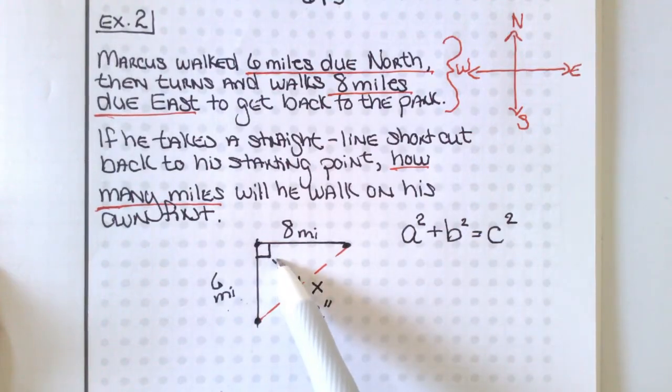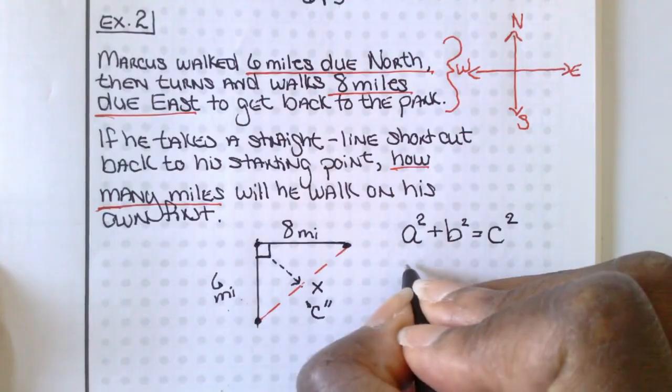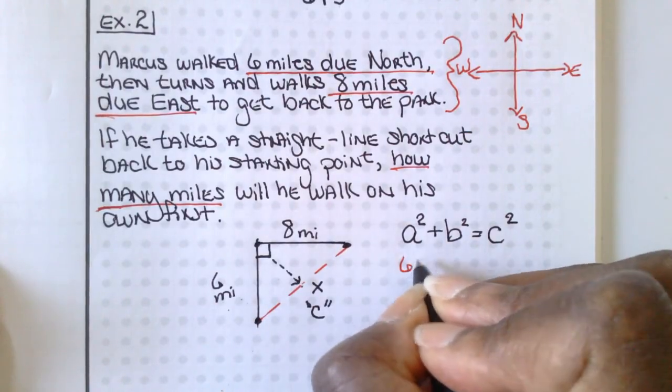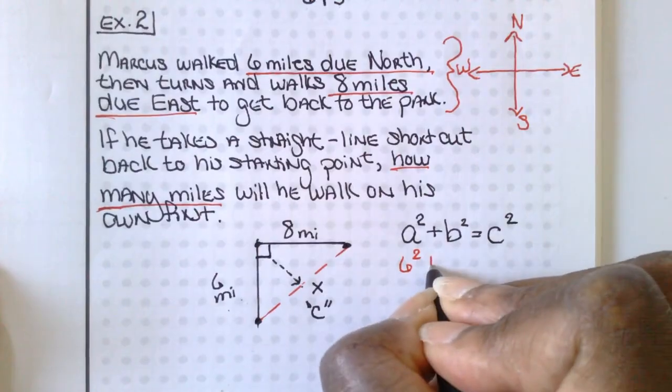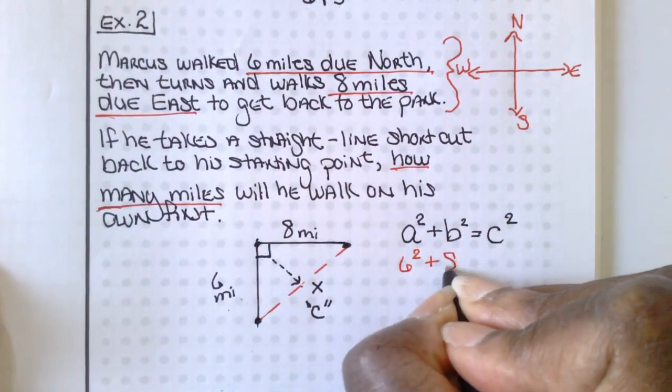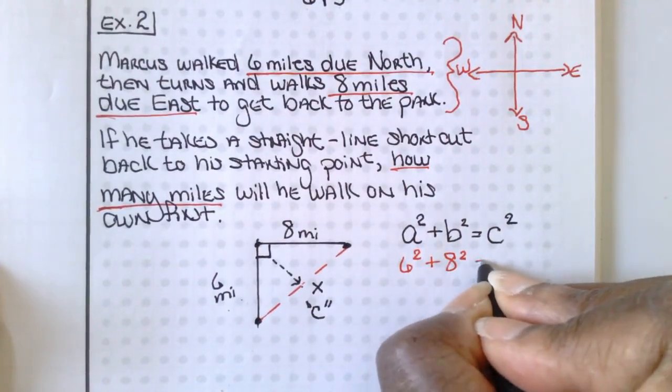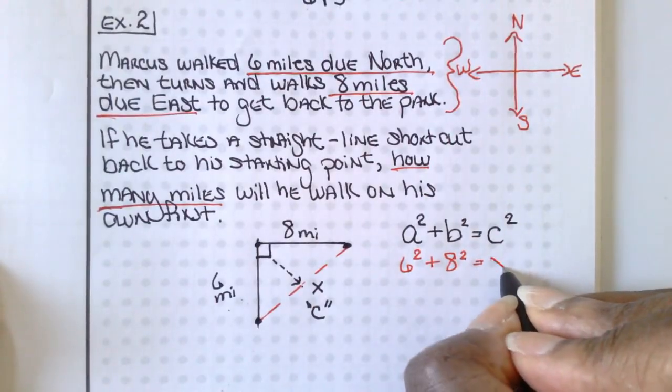It goes opposite your 90-degree angle. Okay? So now we're filling in. So we can have 6 squared plus 8 squared equals our unknown squared.